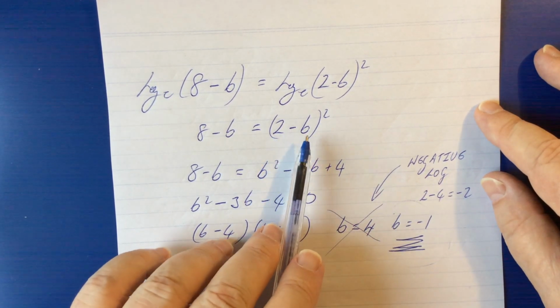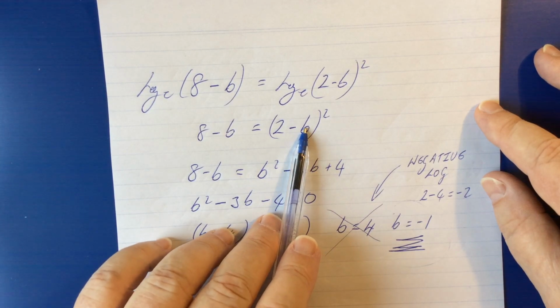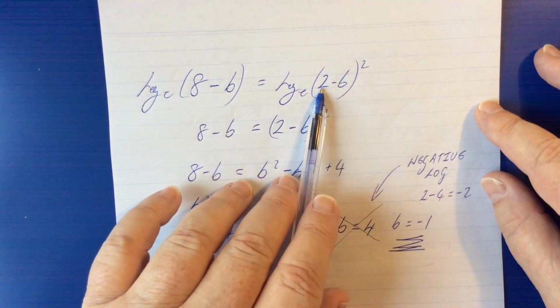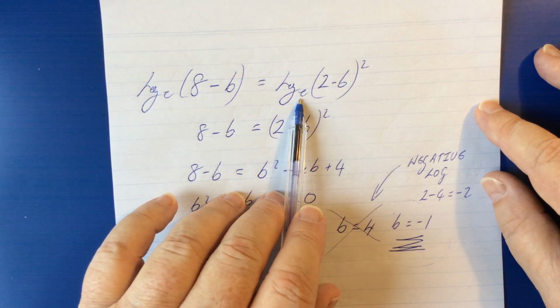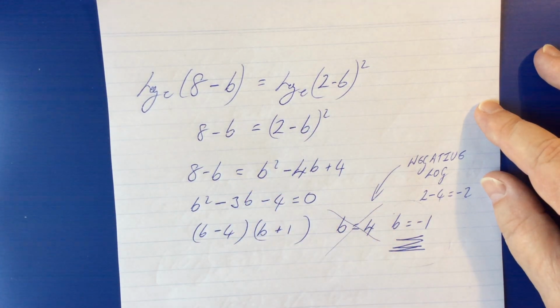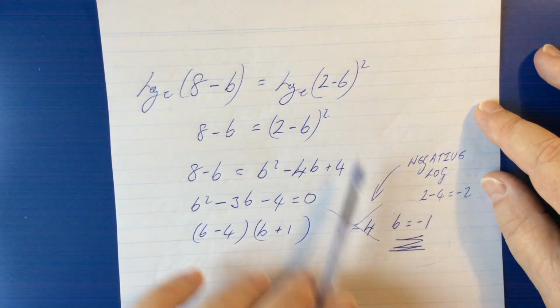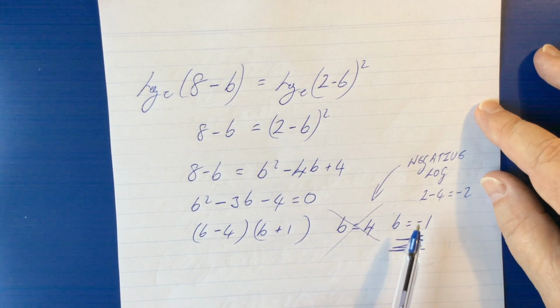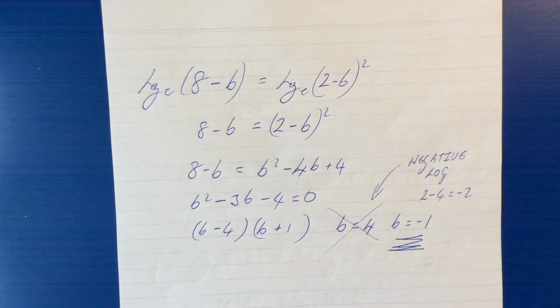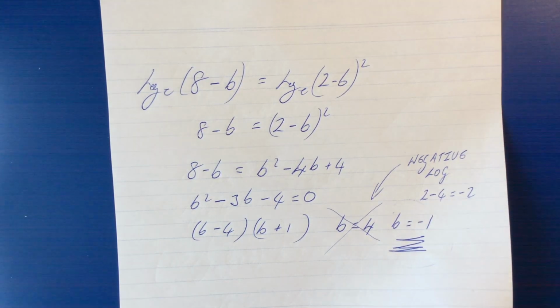Because if we put 4 into this, we're going to have a negative number as the argument of our logarithm, and that we can't have. So 2 − (−1) will give us 3, that's okay. We can live with that. So b is −1. After all that work, I have found b, I think.